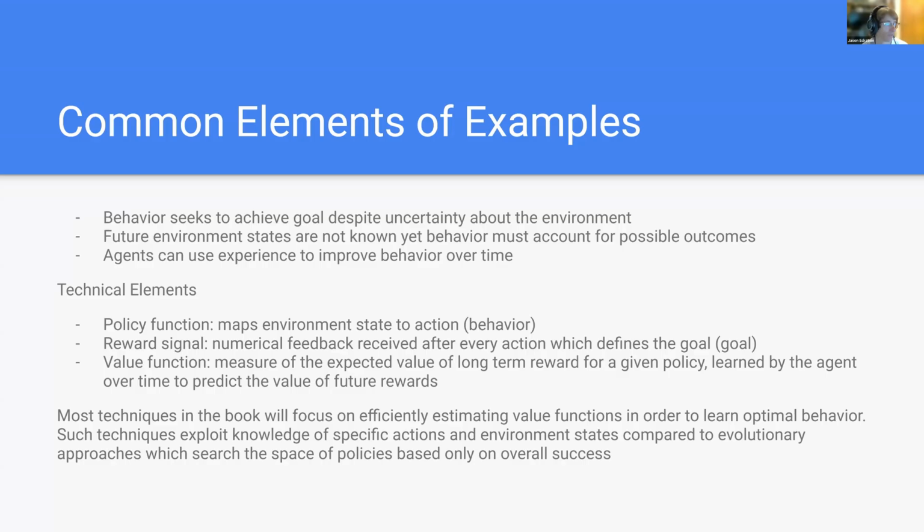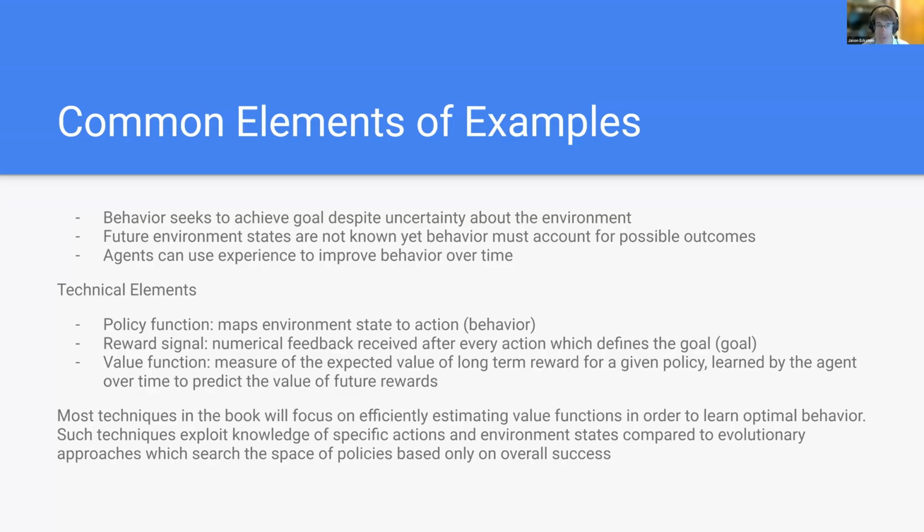And then the goal, I already mentioned the reward signal, but all these problems will have some reward signal, which is some numerical feedback, which is received after every action is taken. And that reward signal, however complicated it is, in its totality is what defines whatever the environment goal is.